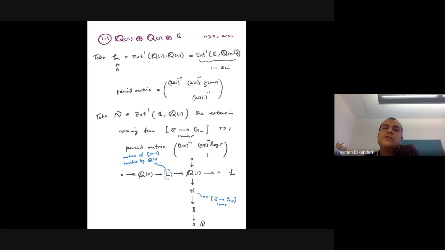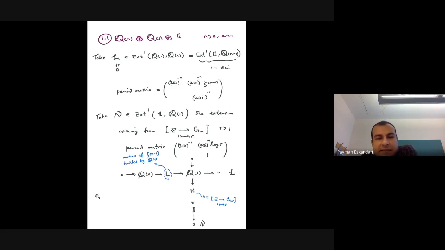This is one-dimensional, and you can take any L, any non-zero, non-trivial element there, and put it here. So this is now the period that would be the zeta(n minus 1) we talked about.